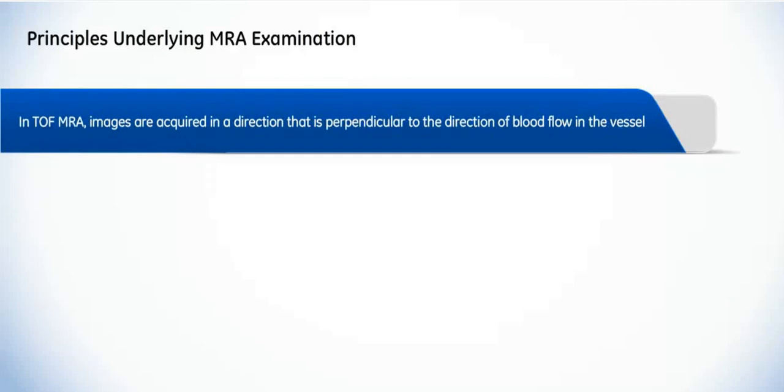We shall now briefly look at the principles underlying MRA examinations that do not make use of contrast material. One such technique is the time of flight, or TOF, MRA. In TOF MRA, images are acquired in a direction that is perpendicular to the direction of blood flow in the vessel.